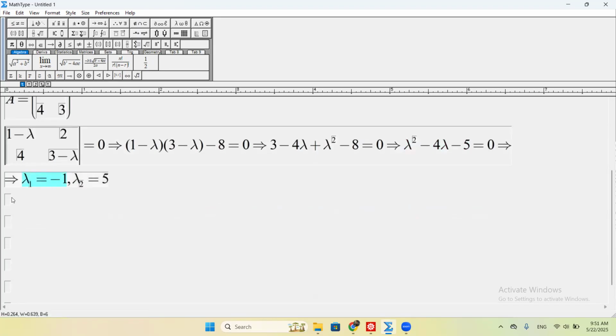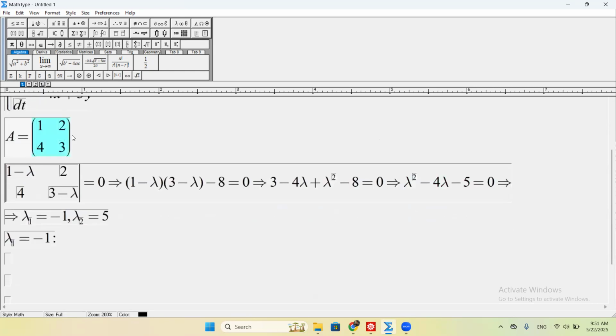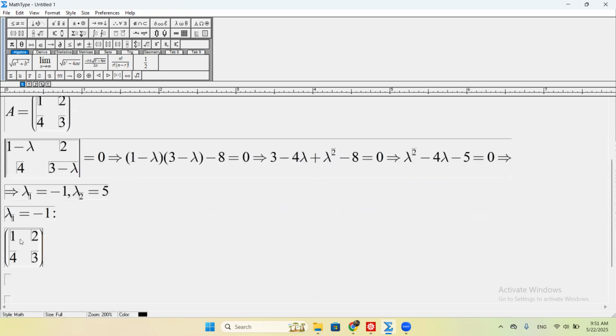So what about lambda 1? Let's solve for the eigenvector. So we will have the following system. So here will be 2, here will be 4. So A minus lambda E matrix, as you remember. So it will be reduced to the following system. So we will receive that x1 equals minus x2.